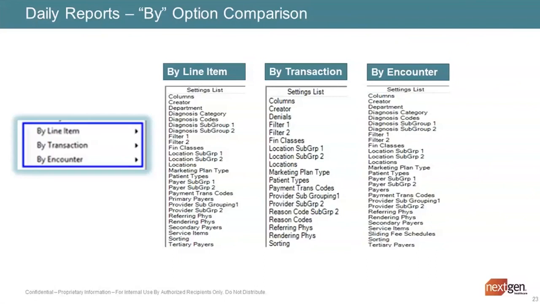But encounter level can give you information like patient status, where a line item may not be able to give you that kind of information. So my recommendation is click in it, see if what you're looking for is a criterion here that it's going to be able to pull, in order to get the reporting information that you're looking for.